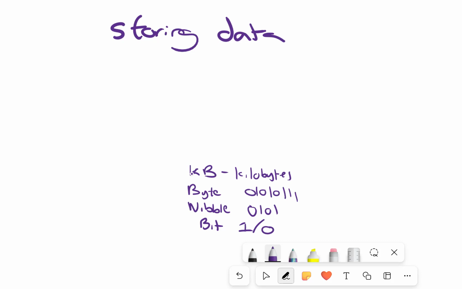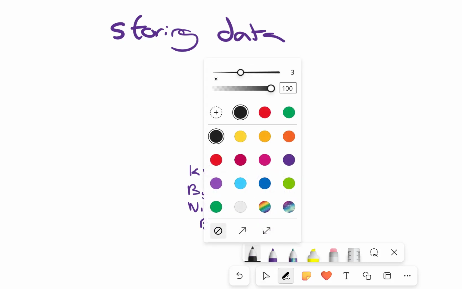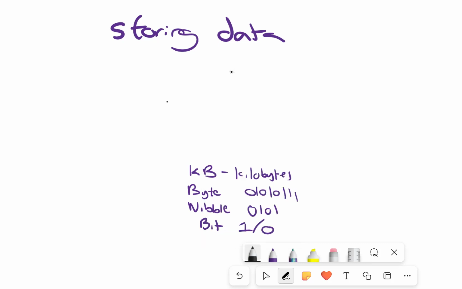To get from a bit to a nibble, as I said before, it's 4 bits. 4 bits make a nibble. From bit to byte, 8 bits make a byte, or 2 nibbles make a byte.